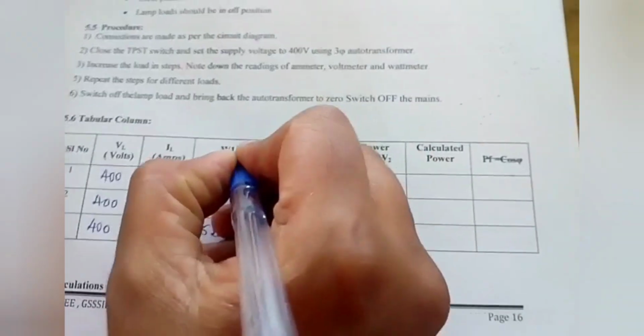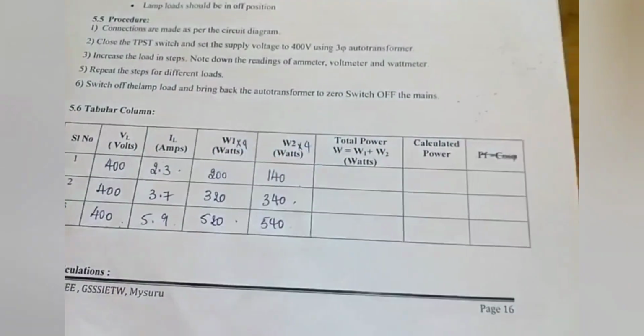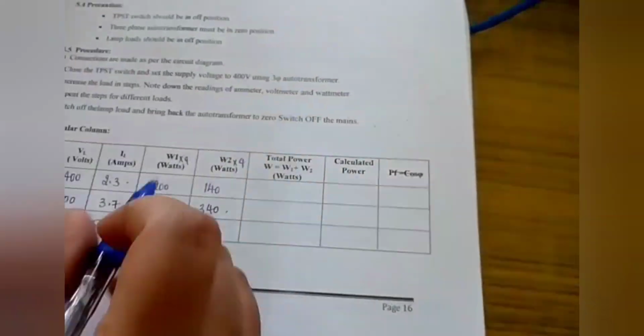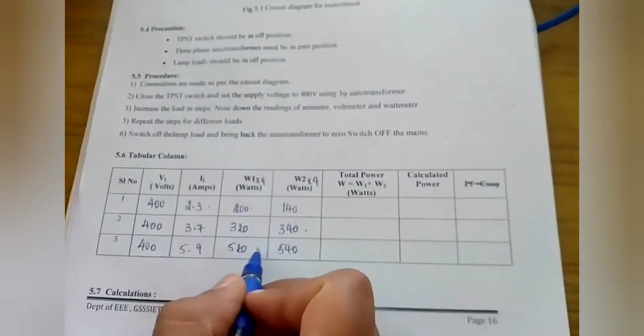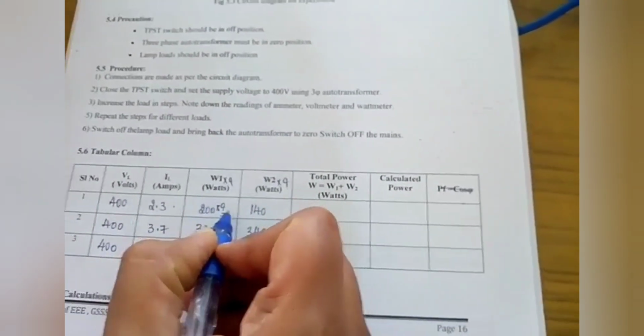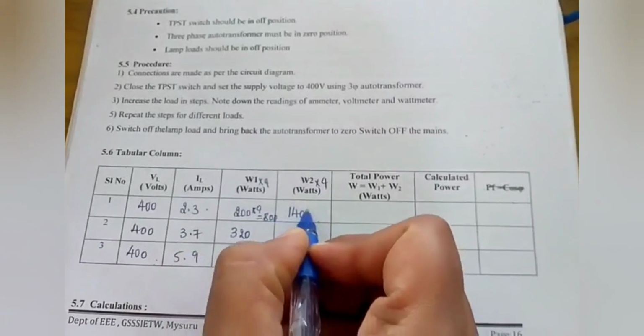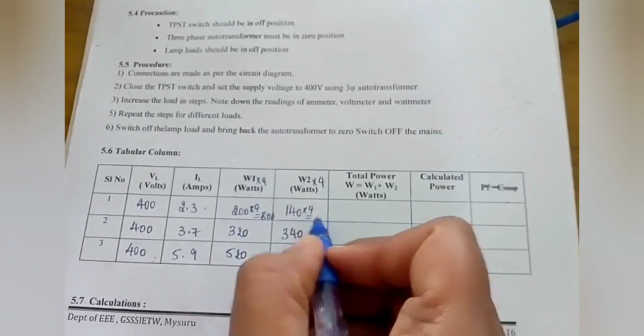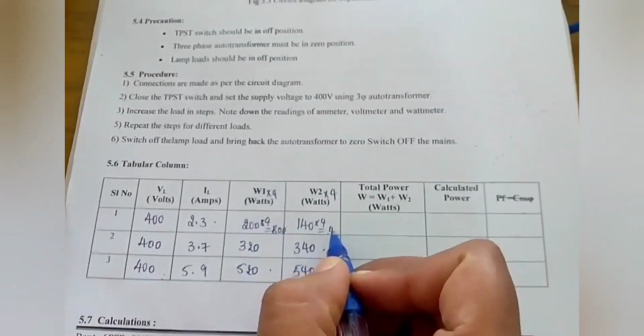Let us multiply the W1 reading by 4 and the W2 reading also by 4. For calculating the total power, you have to multiply all the readings by the multiplying factor. So 200 into 4 is equal to 800. Again 140 into 4 is 560.